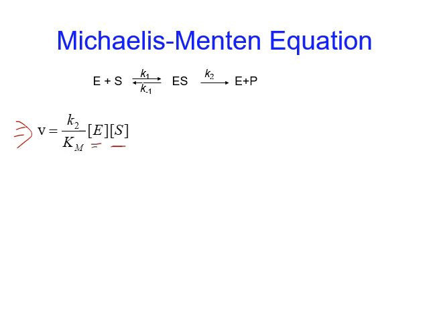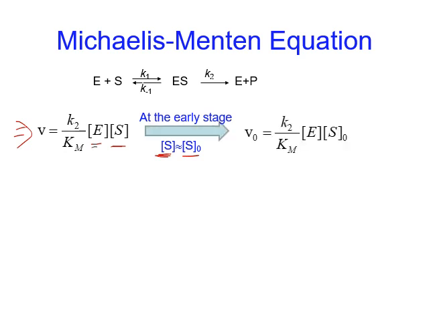And if the reaction has not proceeded for too long, or is at the early stage, then the substrate concentration should be approximately the initial concentration that we added to the system. And so we can write the initial reaction rate.